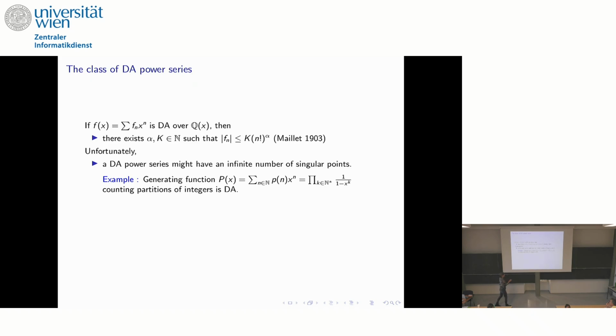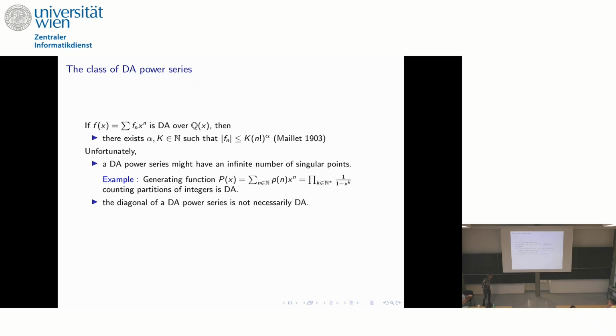Well, it can be written as this Euler product, and you see that it has an infinite number of singularities. But this generating function is connected via a change of variable to modular forms, and it's therefore a differentially algebraic function. So in that case, you cannot count on the number of singular points to say whether a function will be differentially algebraic or not.